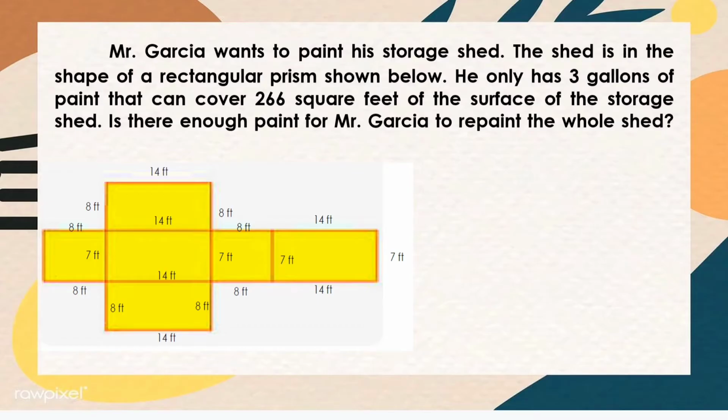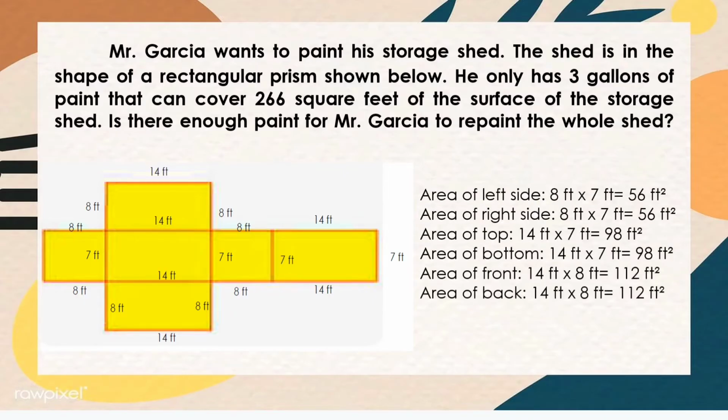The simplest way to solve for the surface area of a prism is to compute the area of each face, and then add all the areas of the faces. As you can see, all the faces are rectangles, so we use the formula area equals length times width.